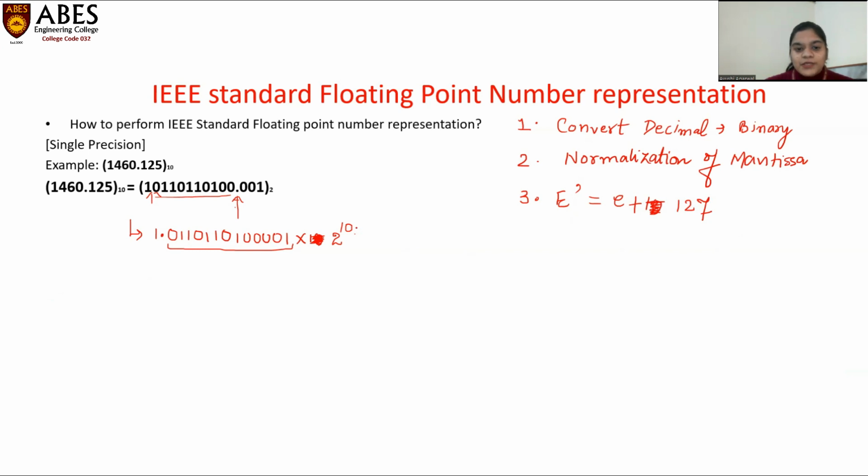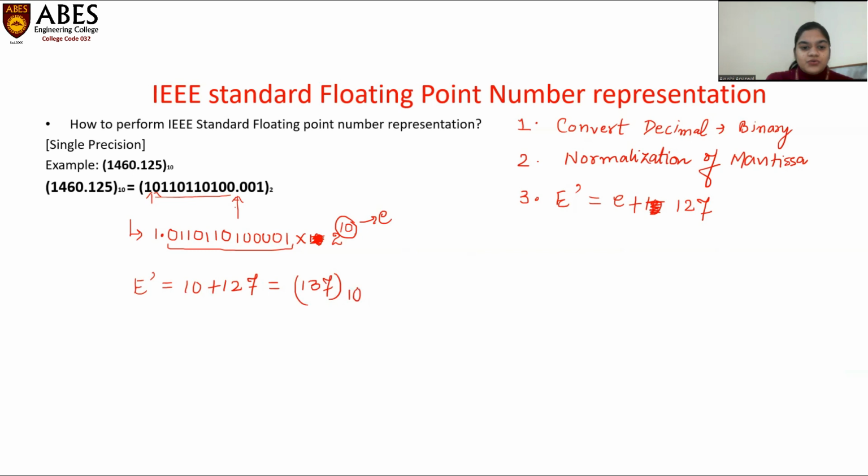We have small e value as 10. So now let's calculate the modified exponent value. Over here, it will be 10 plus 127, which will be equal to 137 to the base 10.